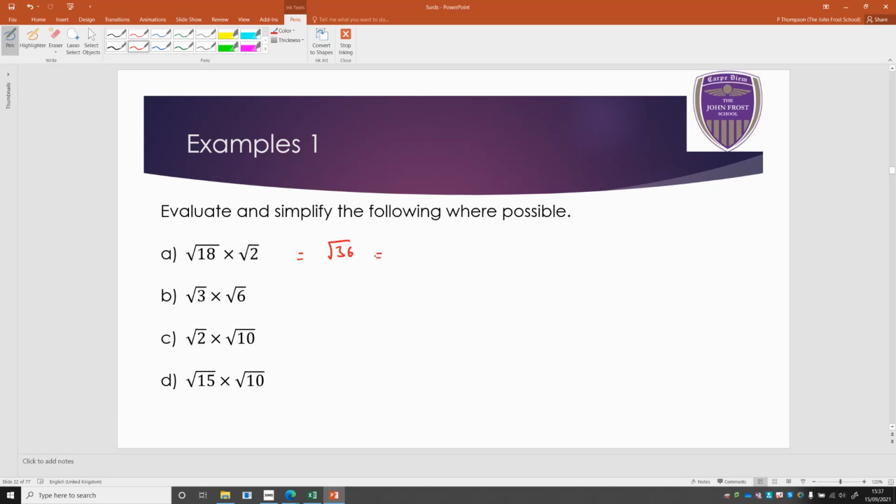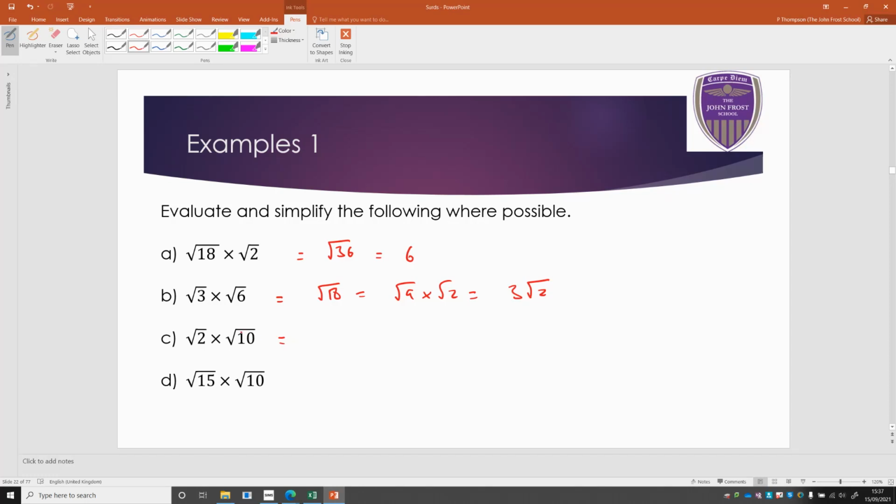And luckily for us, 36 is a square number. Root 36 is 6. This one, 3 times 6 is 18. Remember, 18 is not a square number, but it is simplifiable because it's 9 times 2. Root 9 is 3. This is 3 root 2.